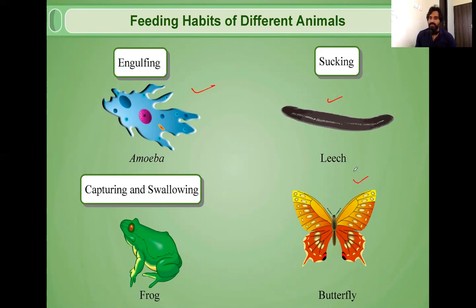Butterflies don't suck your blood; they suck the juices of fruit and flowers. And the frog has a long tongue, and it just captures the insect and swallows it, right? So these are the different modes of nutrition for animals.